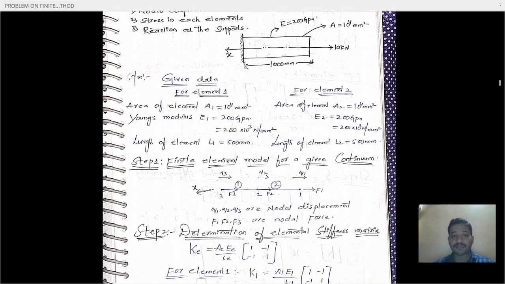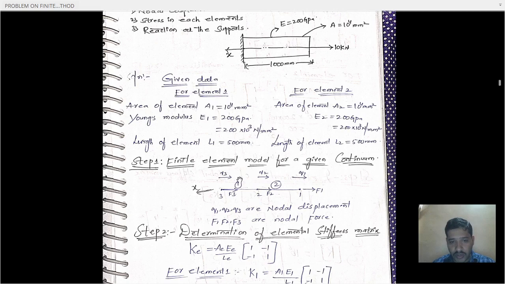Let us see. First of all, write down the given data. First of all, we are taking this element, for element number 1. This is the first node, the center one is the second node, and this is the third node.